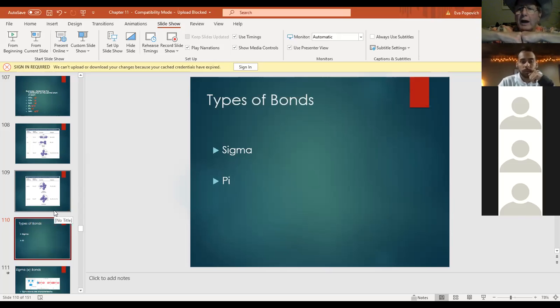Then you also have the side swipe orbitals, the pi. Pi orbitals are sitting in parallel. If they're sitting in parallel, what happens is electrons intermingle above and below the axis of the bond.